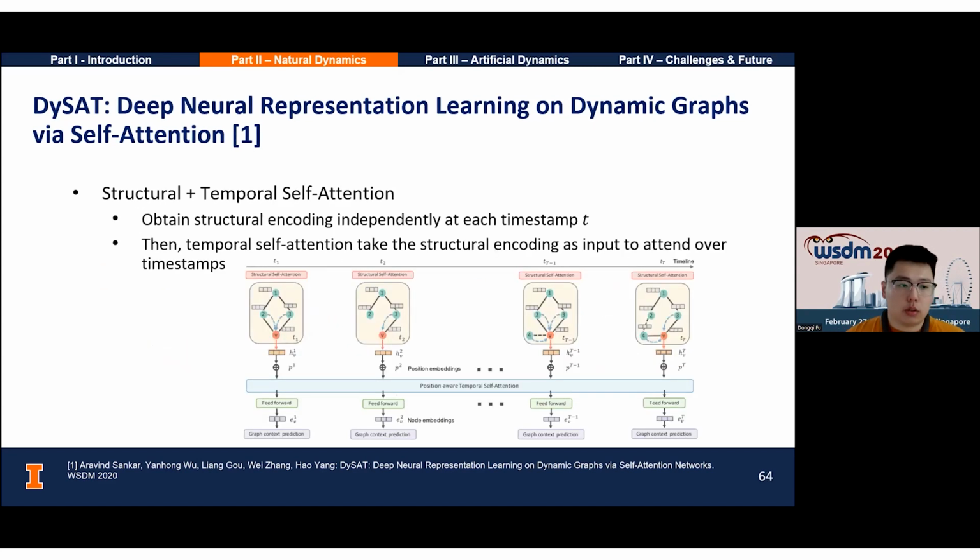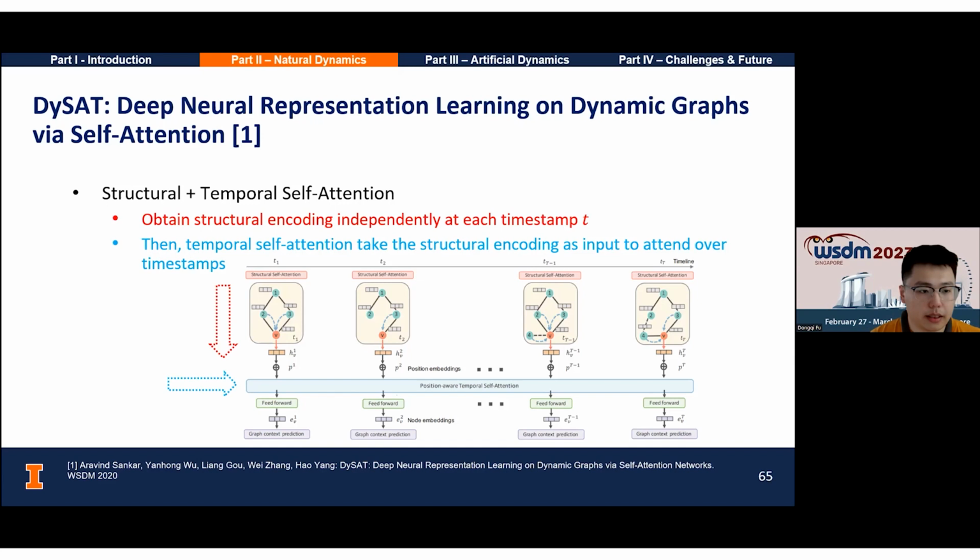So after we introduce the structural and temporal self-attention, how could we combine them together to obtain the structural temporal attention-based representation learning for a certain node? This is the architecture of DySAT in this paper. We have two major parts of DySAT.